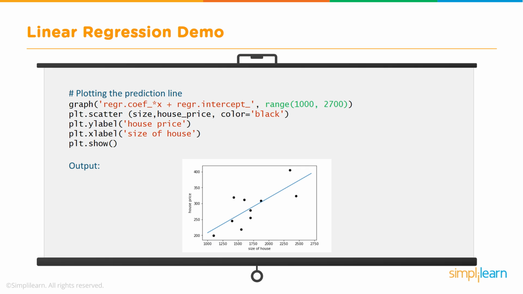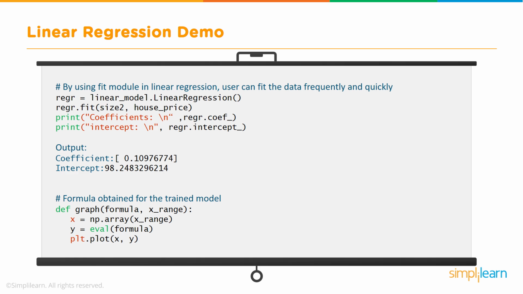Now what that range does, what that particular Python command does, is it creates a list of numbers as 1,000, 1,001, 1,002, 1,003, and so on all the way to 2,700. And if you remember, it's going to take those numbers and plot each one of those based on the formula that we've created through our regression coefficient and regression intercept. You'll see right back up here where we did the definition, and this is where we have that eval, the formula, coming in.